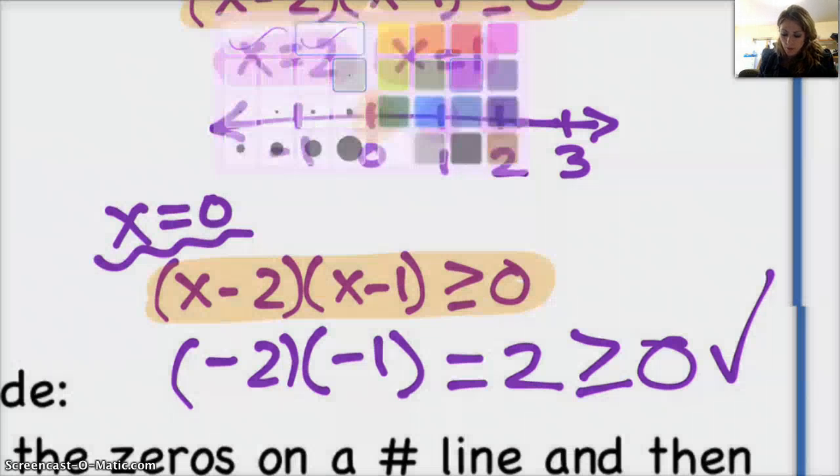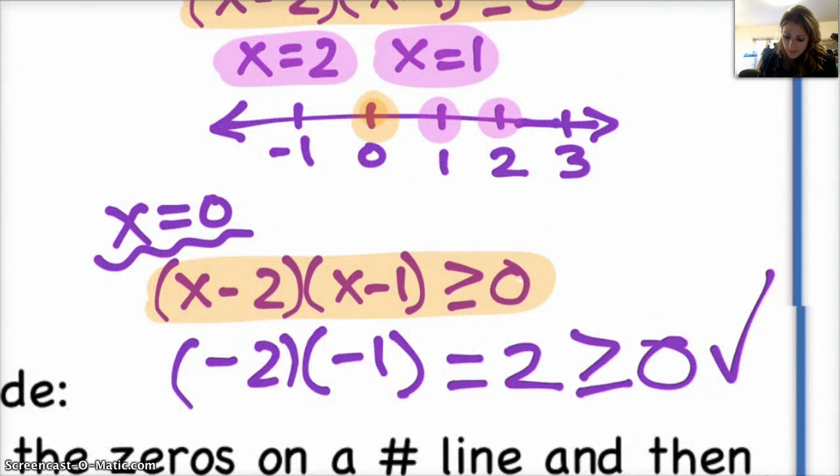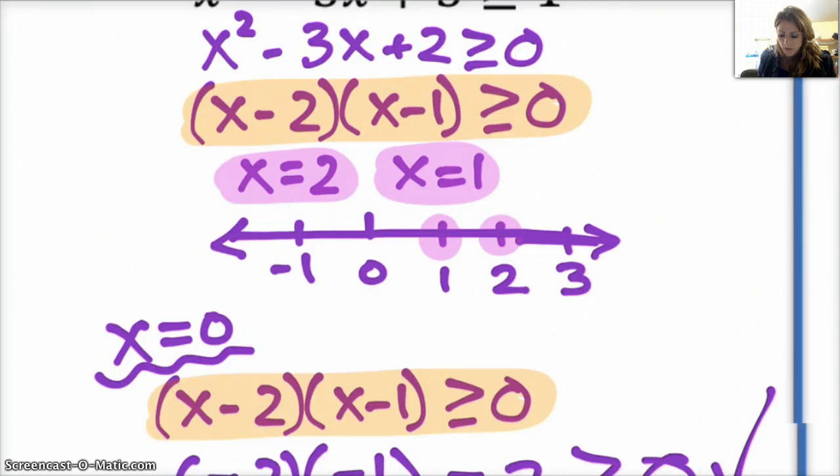Okay, so when you're graphing your solution, you're looking at all the values. So right, all the values that are less than 1 will work, right? Since it's greater than or equal to, that also means that 1 works as well.